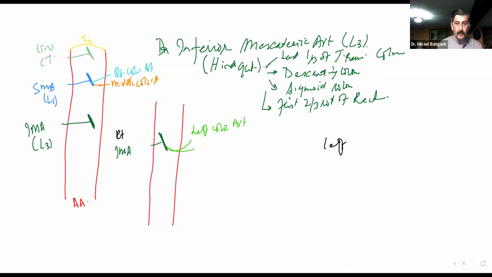So your left colic artery is going to have an ascending branch, and that ascending branch is going to be responsible for the blood supply of your last 1/3 of the transverse colon.